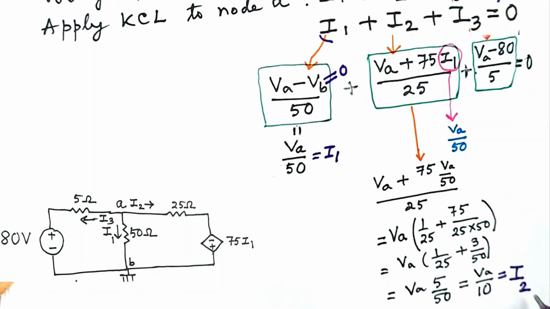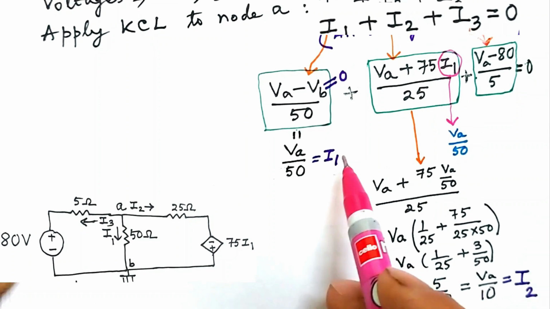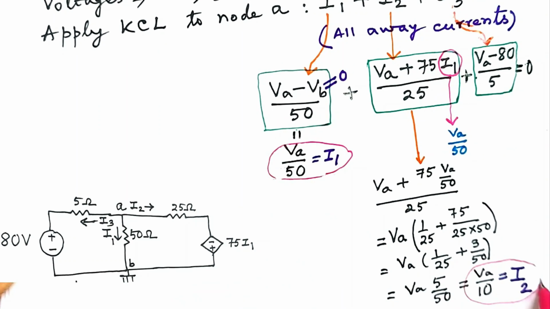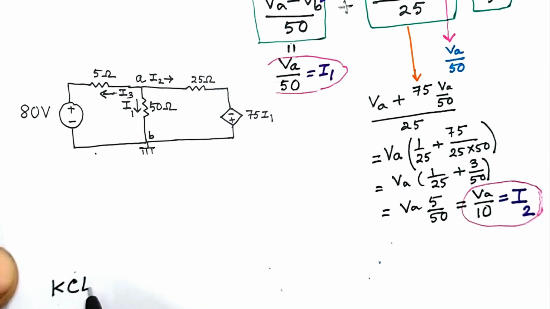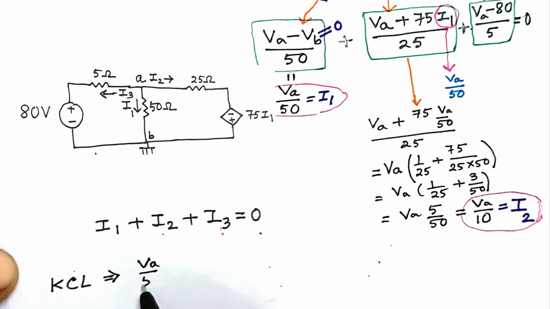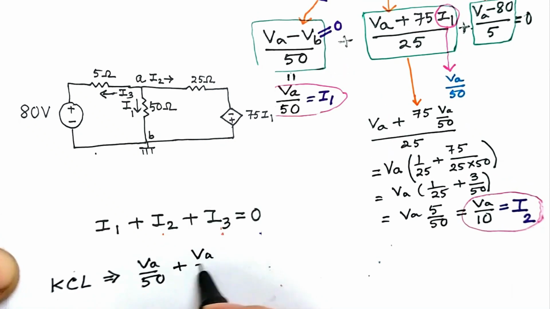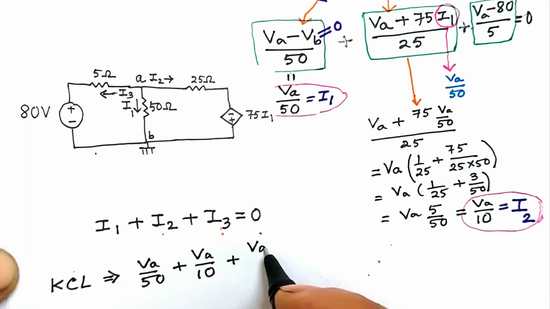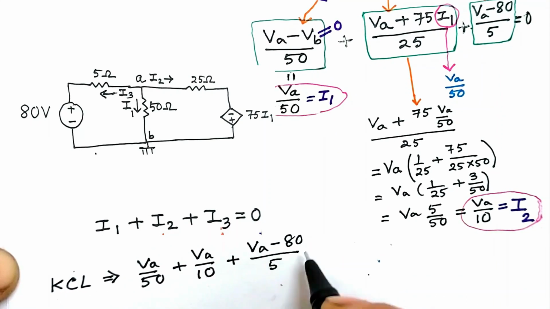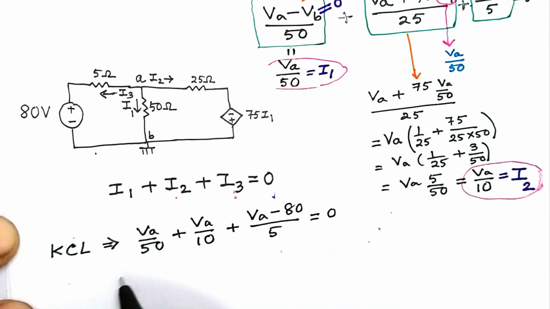We shall require these expressions of I1 and I2 soon. Hence KCL leads to VA by 50 plus VA by 10 plus VA minus 80 by 5 equal to 0.